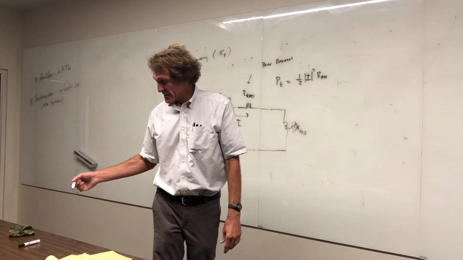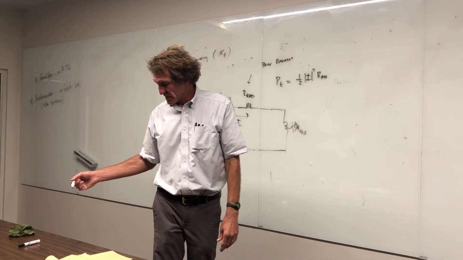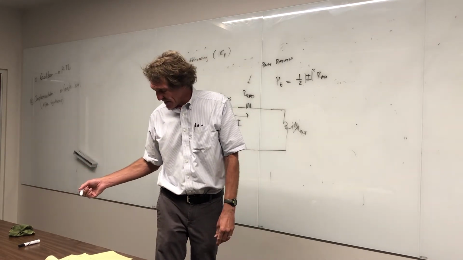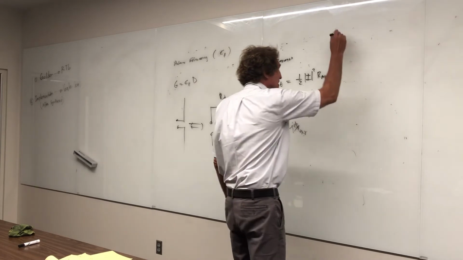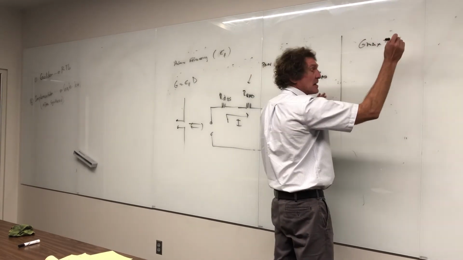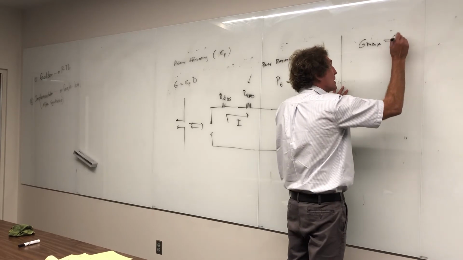Okay, now the next thing is an example of this. Here's a real example. I've got an antenna with a G max, maximum gain, of 20 dB.